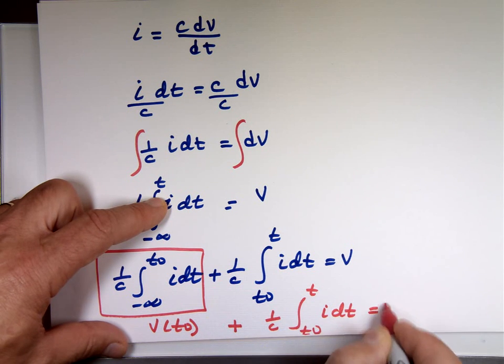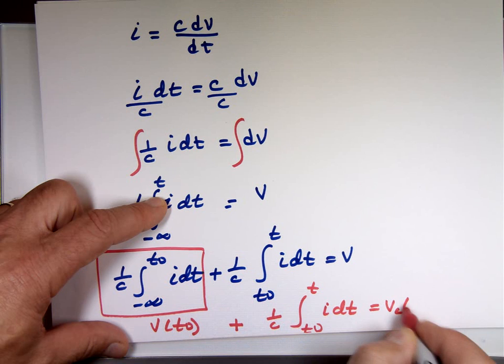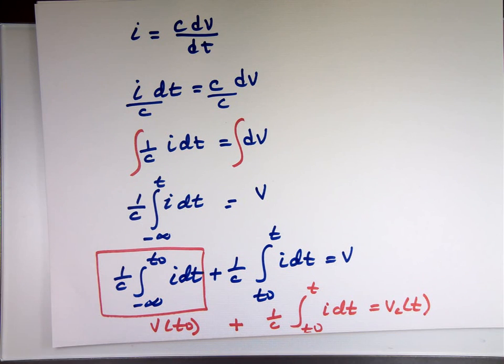And that's the voltage across the capacitor at any given time. Usually that's a constant value, so don't be surprised to see the letter K for that.